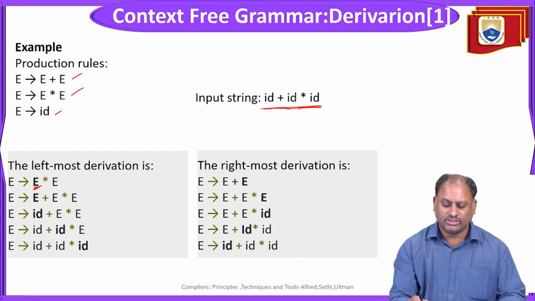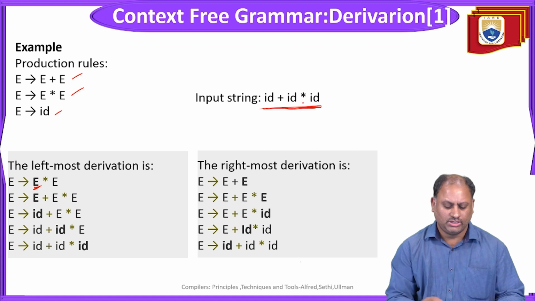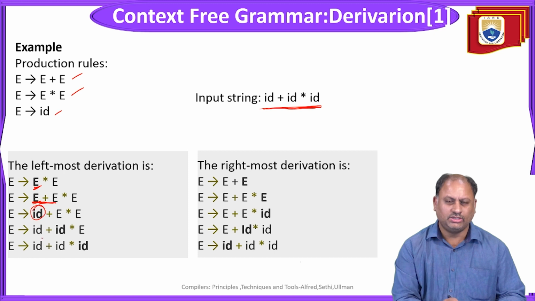Because the input string is ID plus ID star ID. So that is replaced with E plus E, and then E derives ID in this case, and then E star E, the leftmost one is capital E, once again ID, and then the leftmost ID.